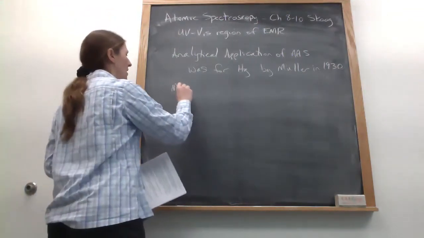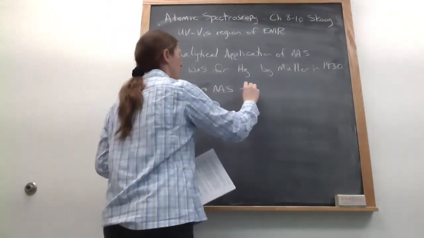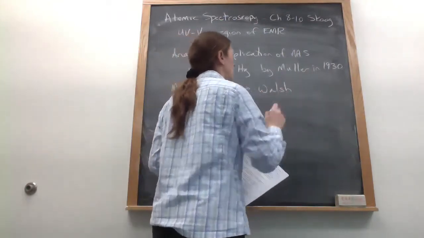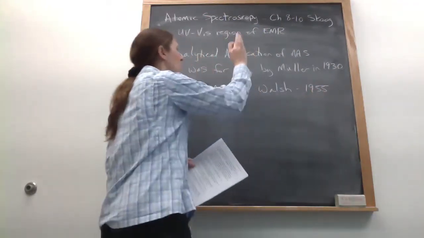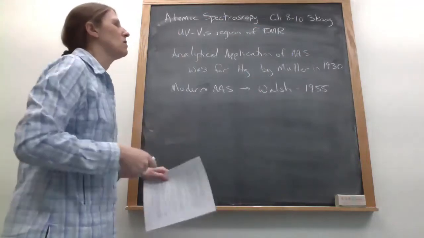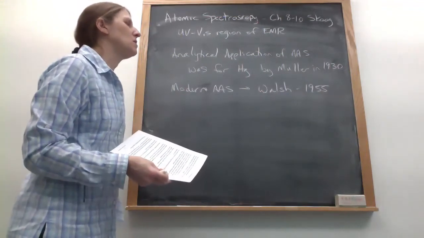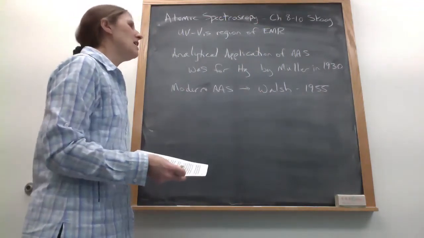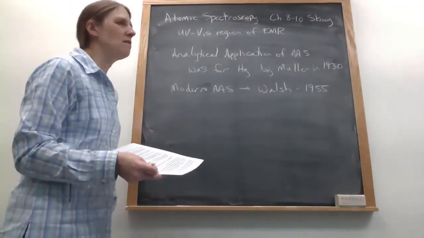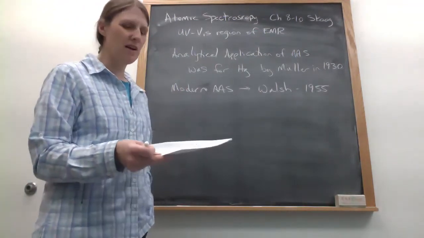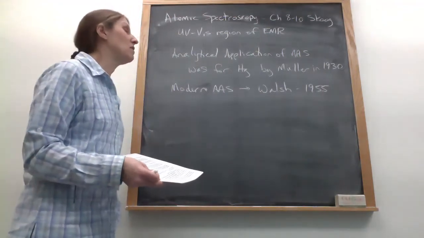Modern atomic absorption spectroscopy, so modern AAS, is associated with a scientist by the last name of Walsh, in 1955. So although we've been playing with using AAS for determination of metals since the 30s, the modern application is associated with Walsh in 1955. Interestingly enough, there are enough interferences in this that most of the data collected between 1955 and 1970 isn't used. It's considered meaningless because of the interferences.